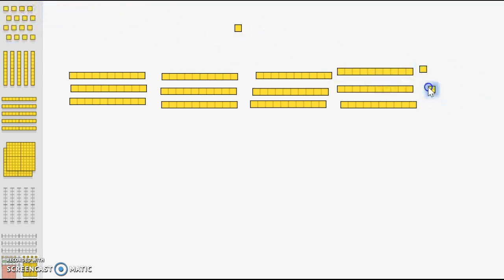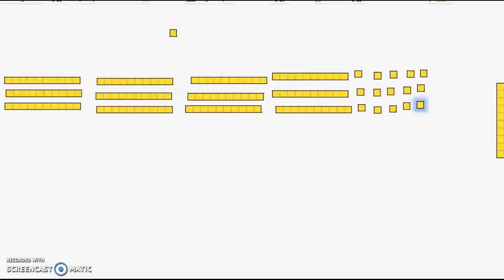So I'm going to take these away and bring out 20 squares. 1, 2, 3, 4, 5, 6, 7, 8, 9, 10, 11, 12, 13, 14, 15, and I'm going to move my screen over so we can see more.